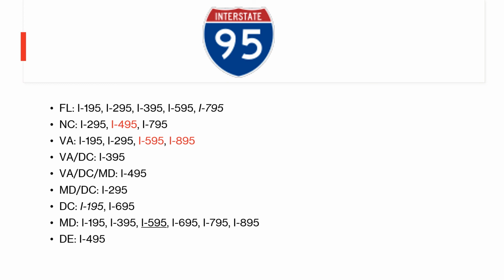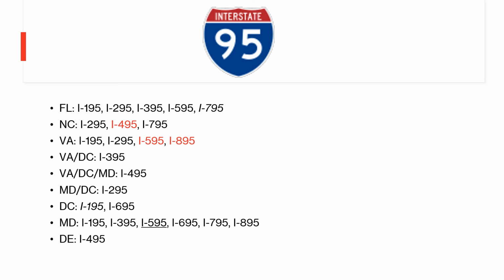Virginia, 195, 295, 595, 895. Virginia and DC, you have I-395. Virginia, DC, and Maryland, you have 495. Maryland and DC, you have 295. DC, you have 195, 695. Maryland, you have 195, 395, 595, 695, 795, 895. Delaware, you have 495.